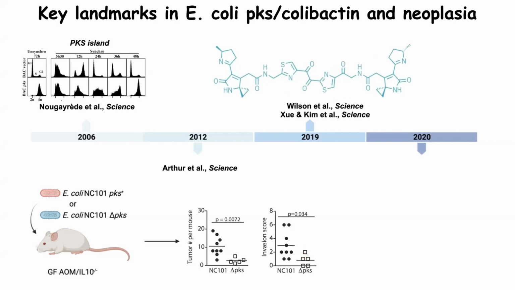It took a long time to identify and solve the structures. Again, this is an island, I will come back to that, a genotoxic island that produces a small molecule called colibactin. This is a predicted structure of colibactin. What you could see here is a cyclopropane on each side of the molecule.